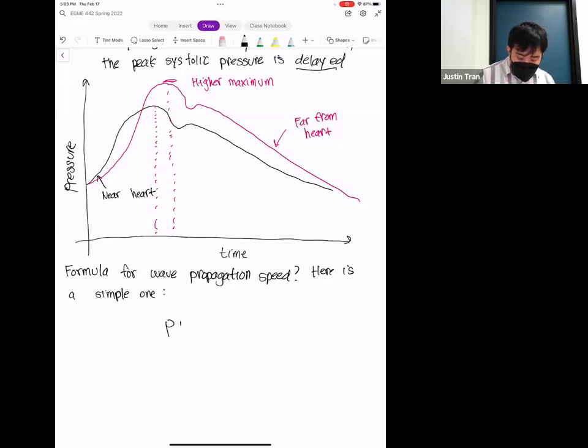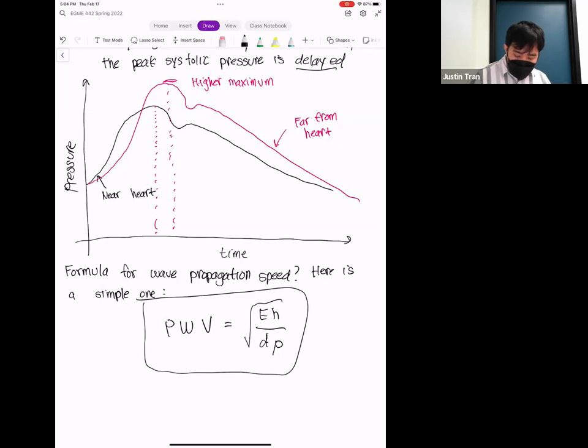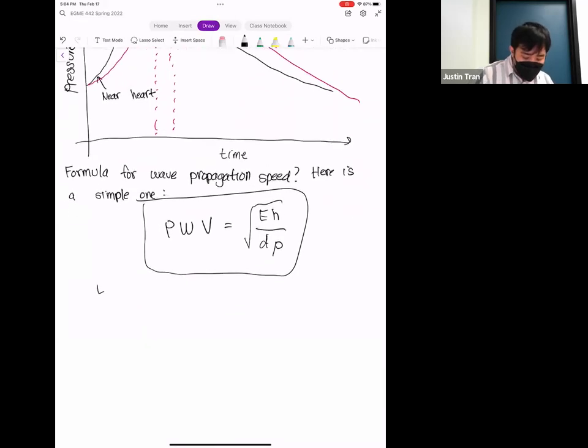And so one formula that we can have is pulse wave velocity, PWV, is equal to the square root of E times H divided by D times rho. Or I can define these variables here. So let's say that E here is the Young's modulus.